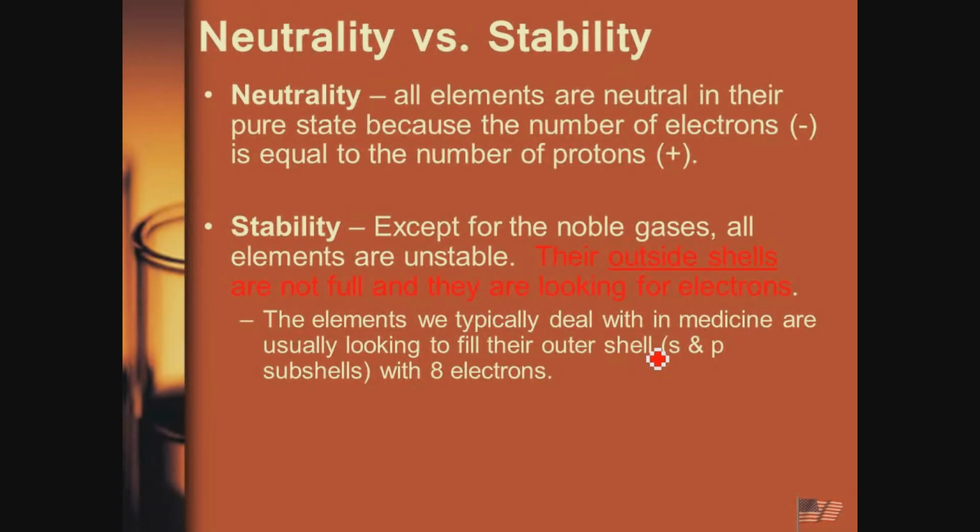So, aside from the noble gases, all the elements are neutral in nature, but they're unstable. They're unstable because they want to do something to get rid of or gain electrons to get to the outermost shell being full.